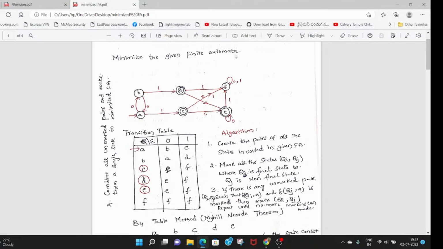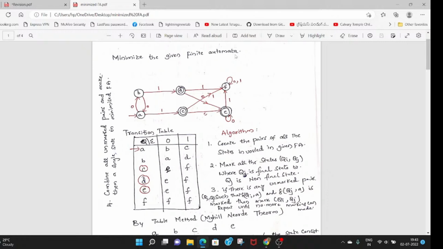If there are any unmarked pairs, which did not get ticked because both are final states or both are non-final states, we consider those pairs and find their transitions.